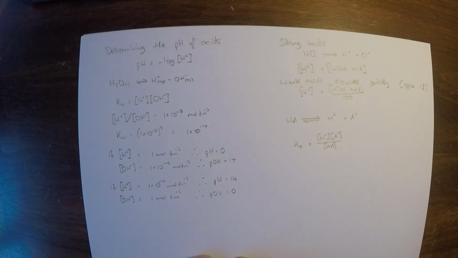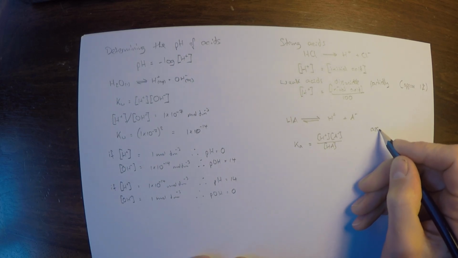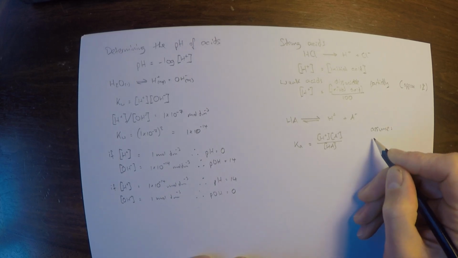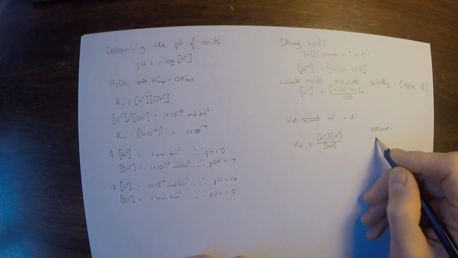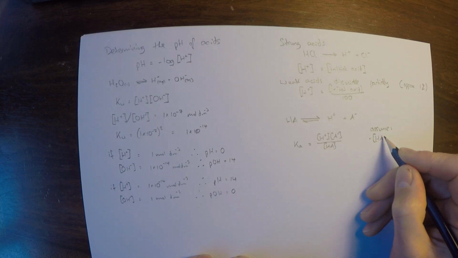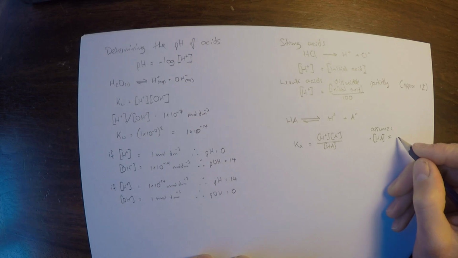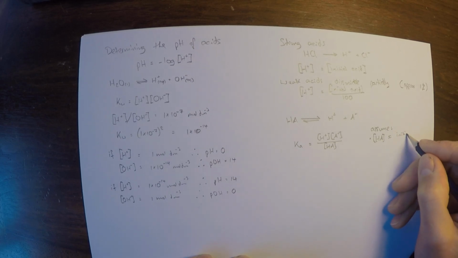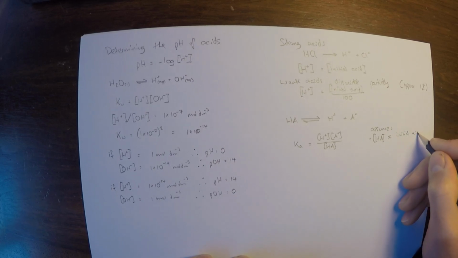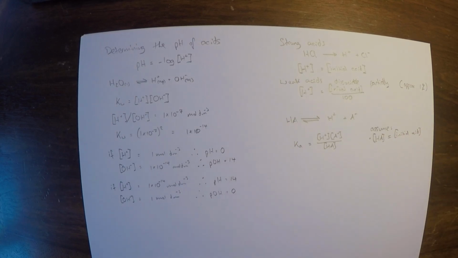So the first assumption that we can make is that the concentration of HA at equilibrium is the same, more or less, as the initial concentration of the weak acid. So in a question, if you're told that you have a 1 mole per decimeter cubed solution of weak acid, you can assume that the concentration of the weak acid at equilibrium is 1 mole per decimeter cubed. So that's our first assumption.